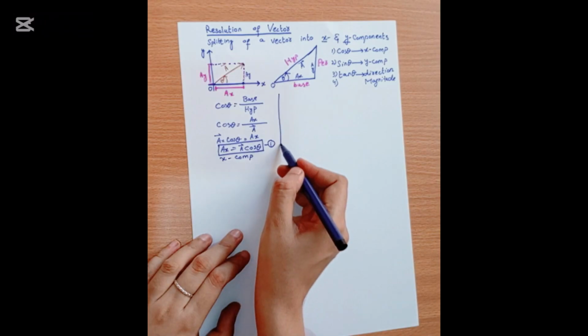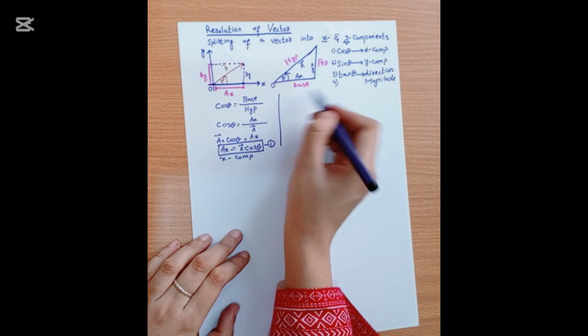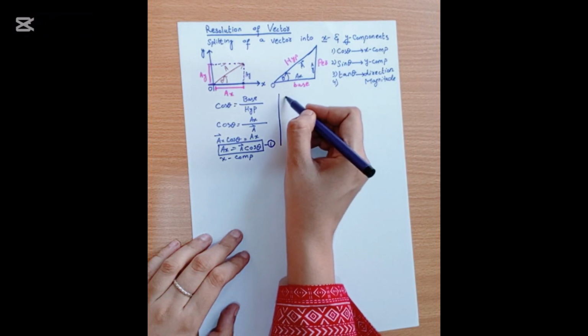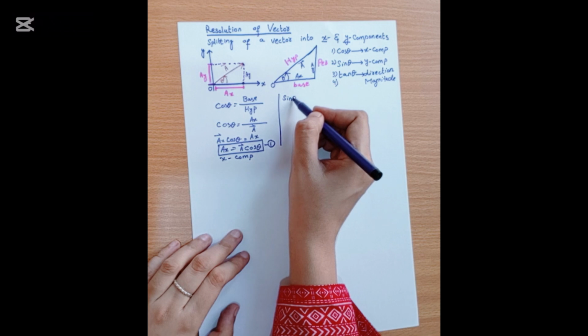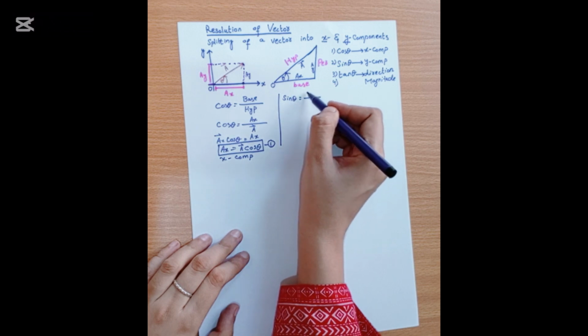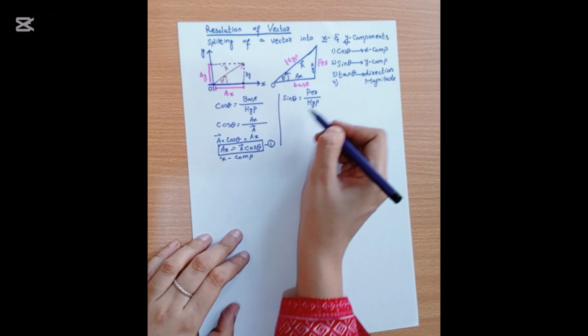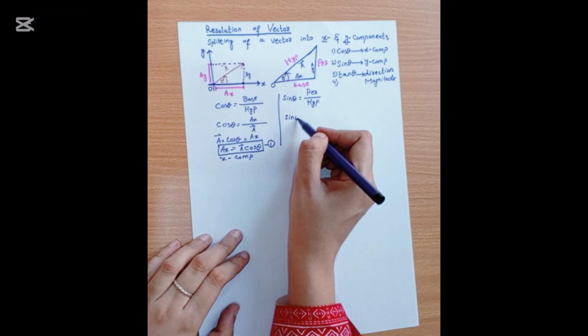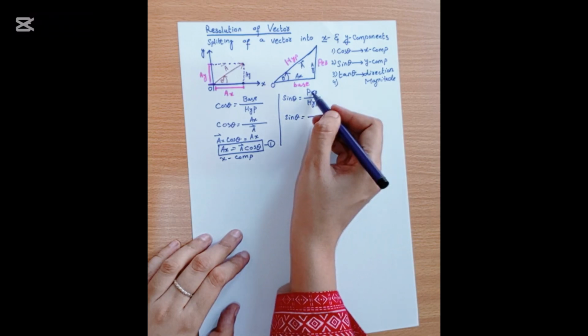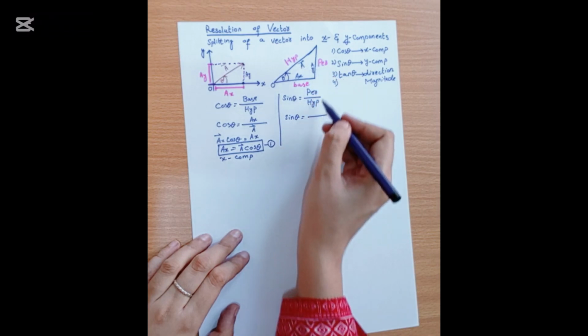Now let's solve for the y component. We are going to use sine of theta. Sine of theta is equal to perpendicular upon hypotenuse. Let's put the values here. Sine of theta is equal to perpendicular. On perpendicular we have AY.